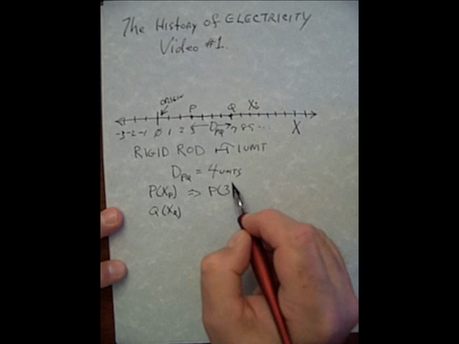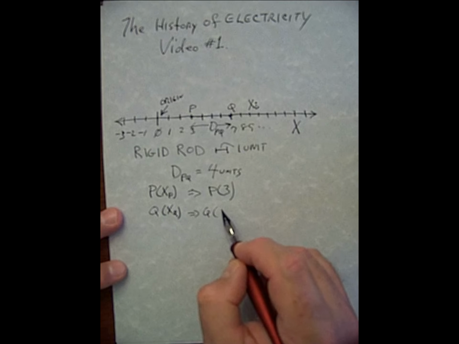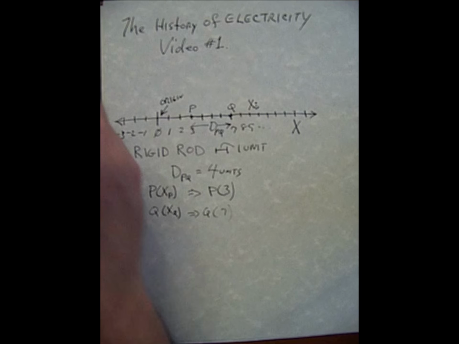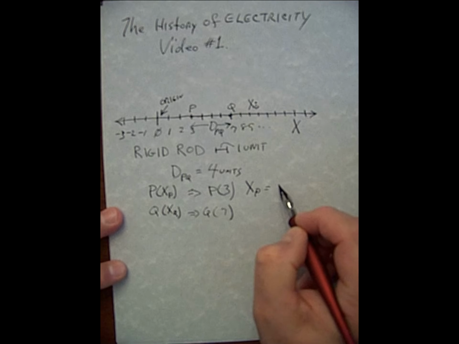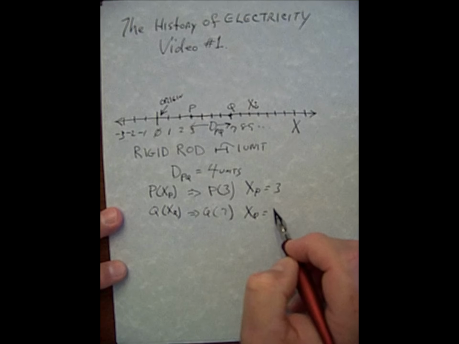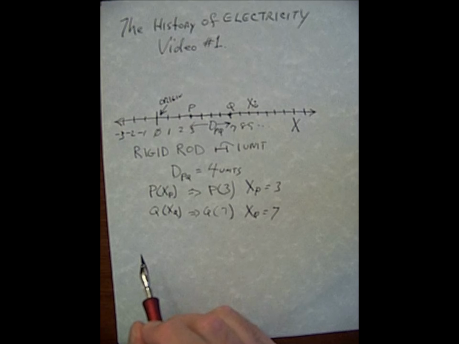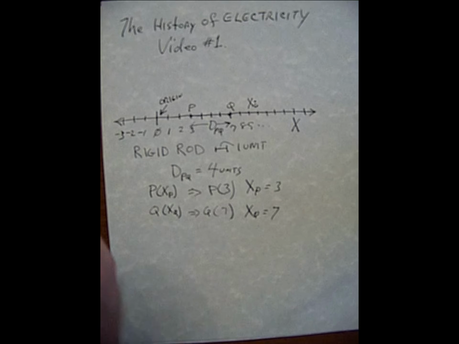You could say P exists at point 3, Q exists at point 7. So x of P equals 3 units, x of Q equals 7 units. And again, all this is completely arbitrary.